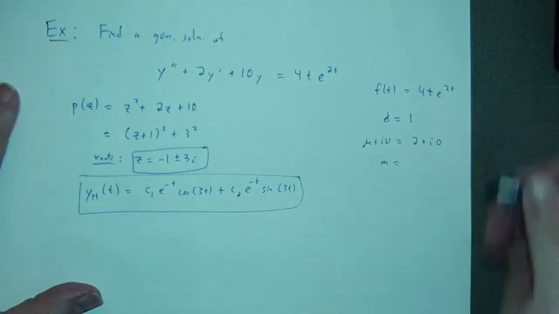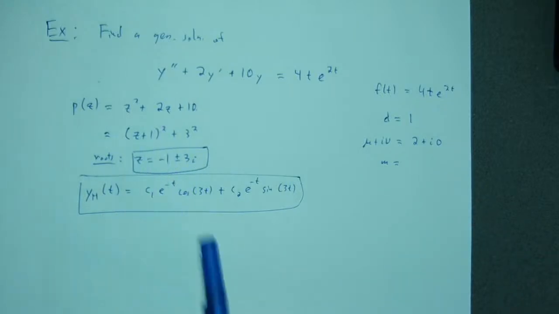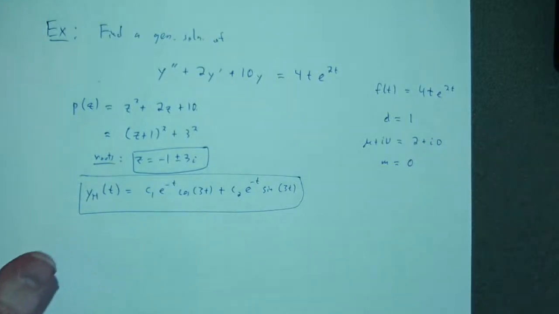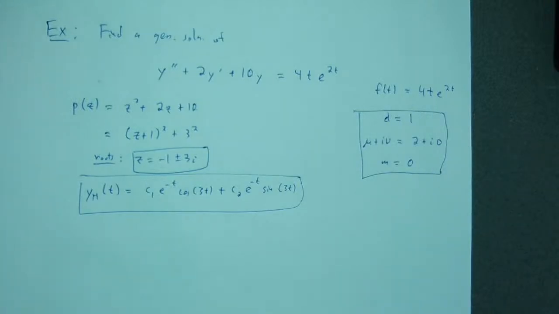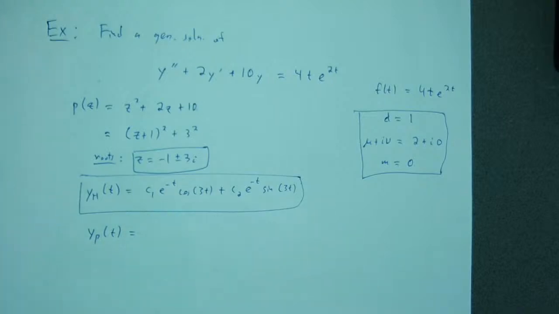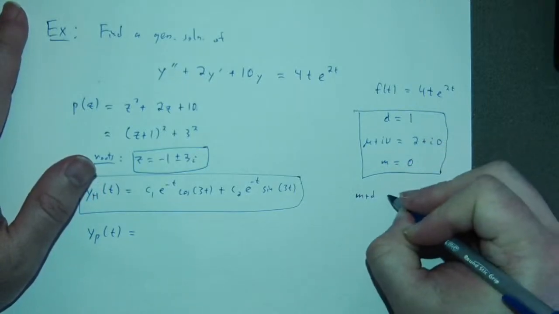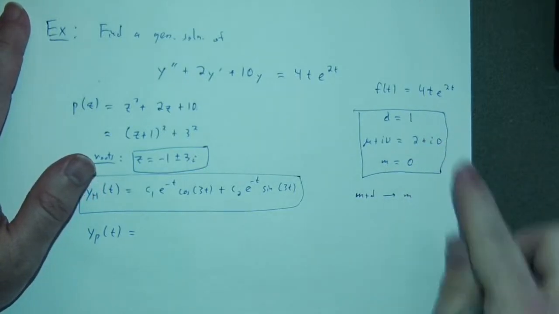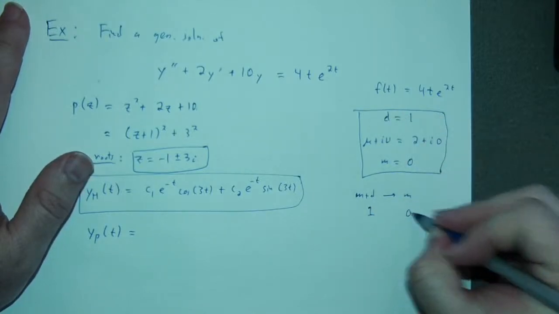Alright, what about the multiplicity? Well, is 2 a root of this characteristic polynomial? No, the only roots are minus 1 plus or minus 3i. So the multiplicity is 0 because it's simply not a root. So what do those 3 quantities tell me about what the particular solution should look like? Remember, the polynomial terms count down from m plus d to m. For us, m plus d is 1, and m is 0.